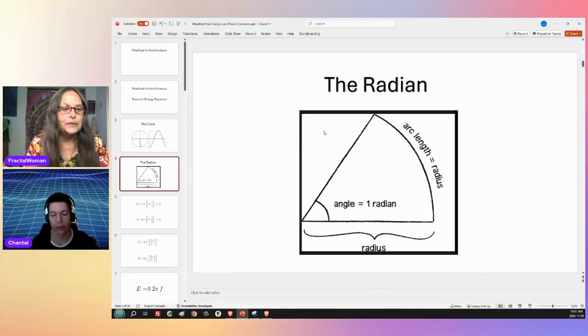But the cycle is a cycle. Electrical engineers like the cycle; we'll use RPM, which is rotations per minute, not radians per minute. An electrical engineer would never use radians. So my motivation is to focus on the cycle, but we do need to invoke the radian in this discussion.